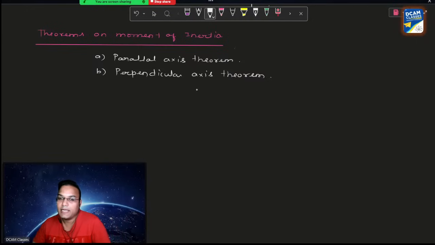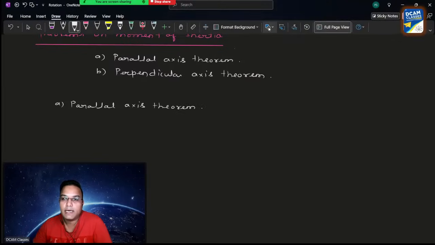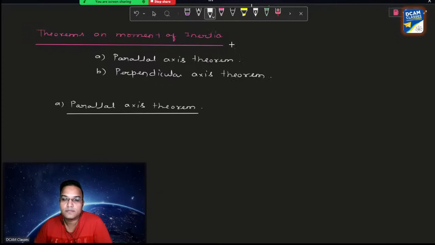Now see the parallel axis theorem, how it is used. First we'll discuss parallel axis theorem, then perpendicular axis theorem. What is parallel axis theorem? Now it's easy to understand because you know about center of mass by now. So suppose I make a random body.